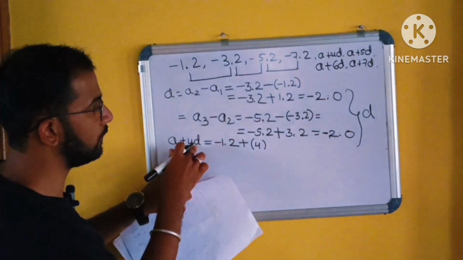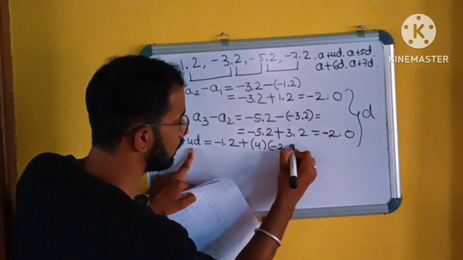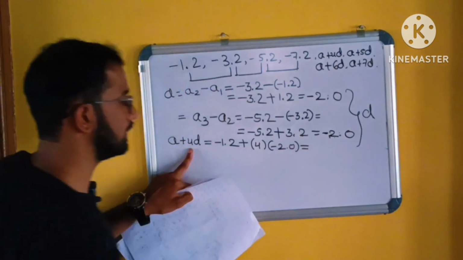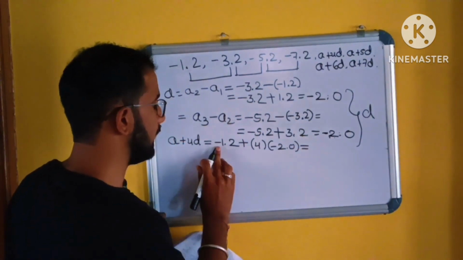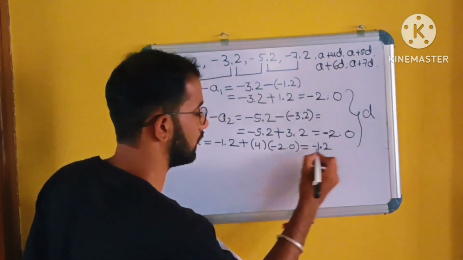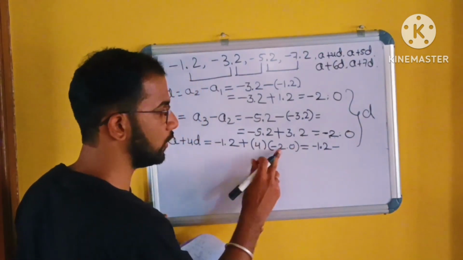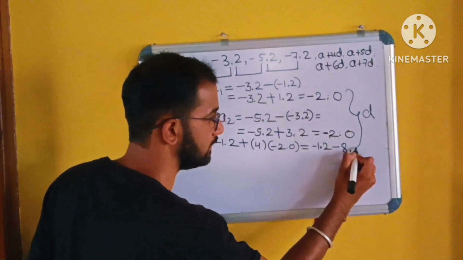What is the value of D? That is minus 2. Then minus 1.2 as it is. Minus into plus is minus, 4 2s are 8.0.